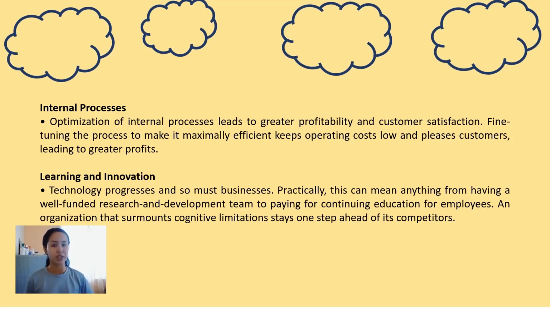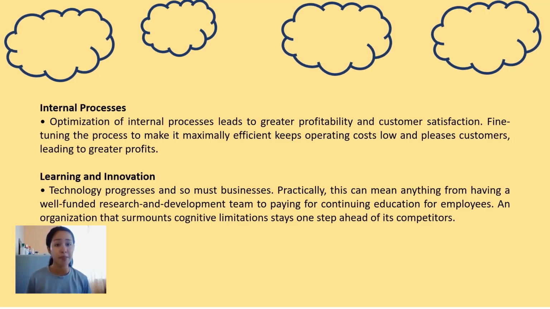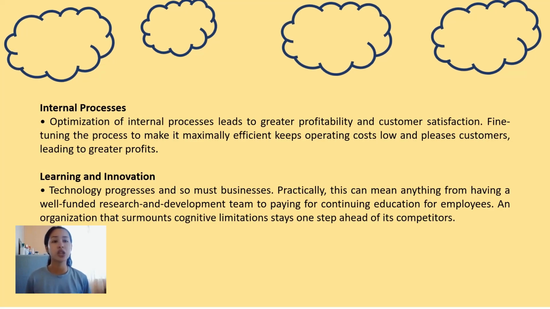Last but not the least is the learning and innovation. Technology progresses and so must businesses. An invention that improves a manufacturing process, for example, might be a game changer that forces factories to upgrade their processes or lag behind competitors. A good manager stays abreast of technological shifts.